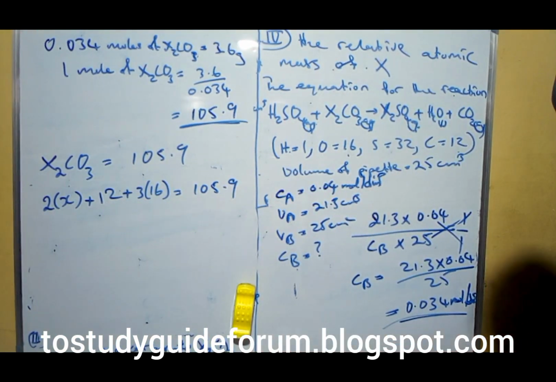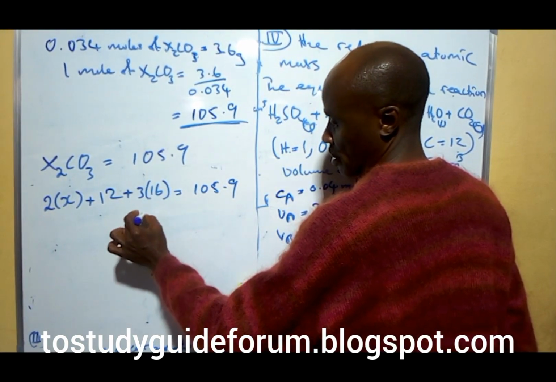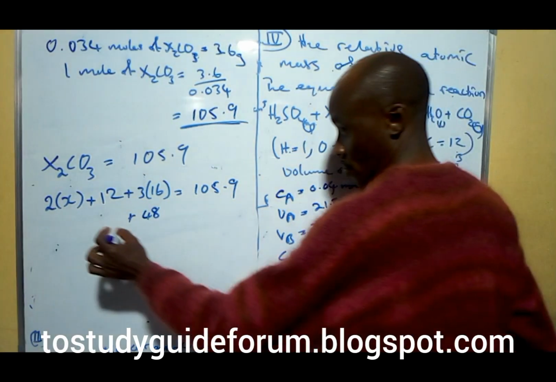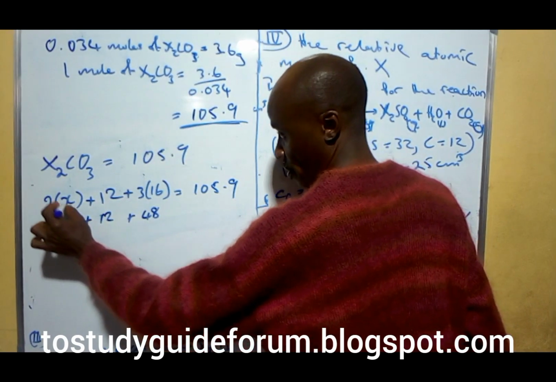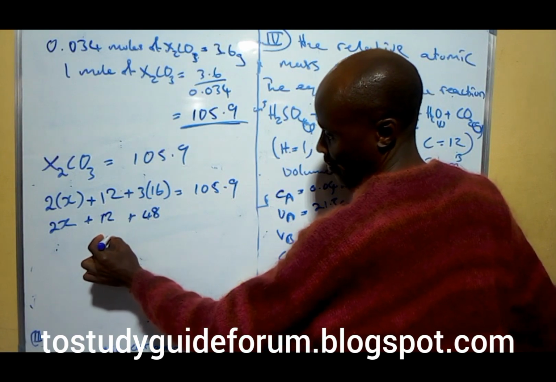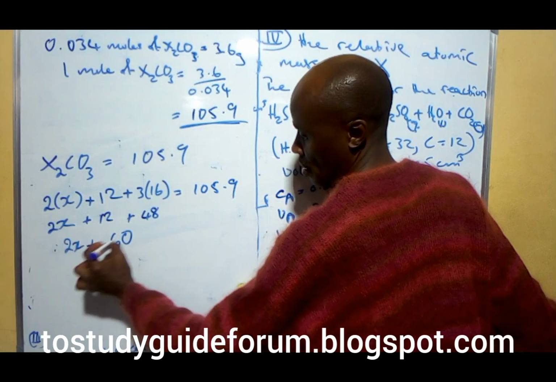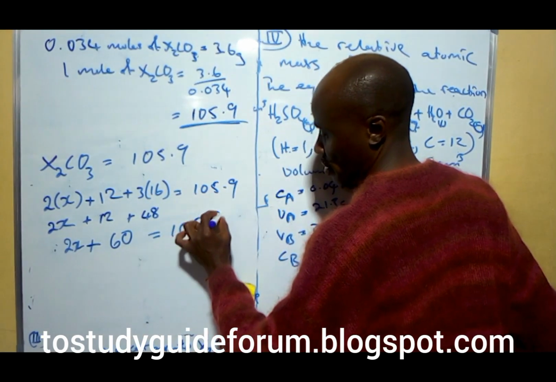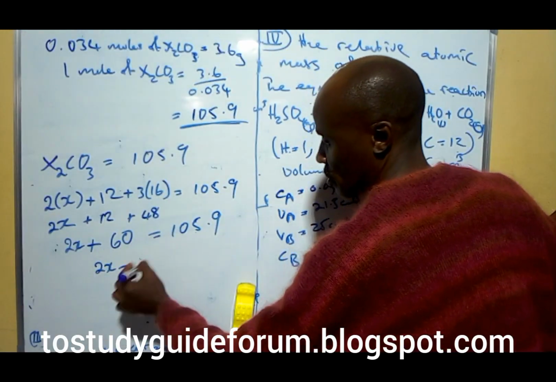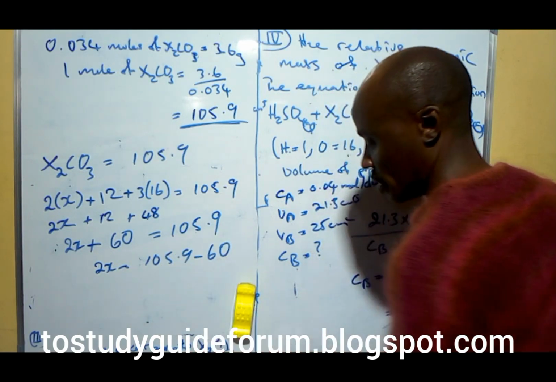3 times 16 will give us 48, and then 12 plus 48 gives 60, so we have 2X plus 60 equal to 105.9. Taking the 60 over, carrying it over, we have minus 60.